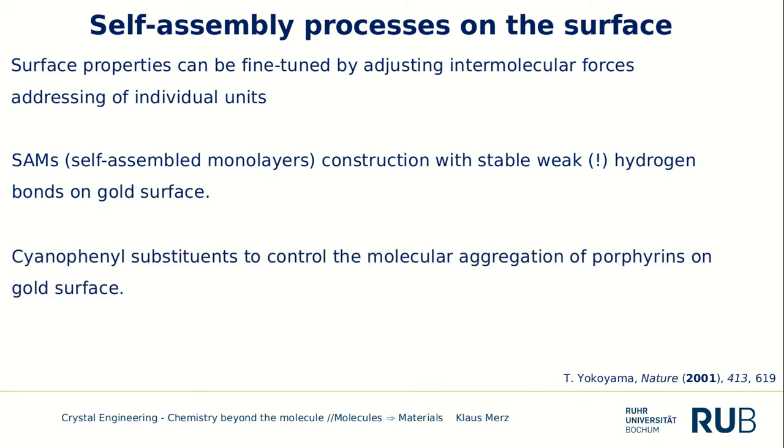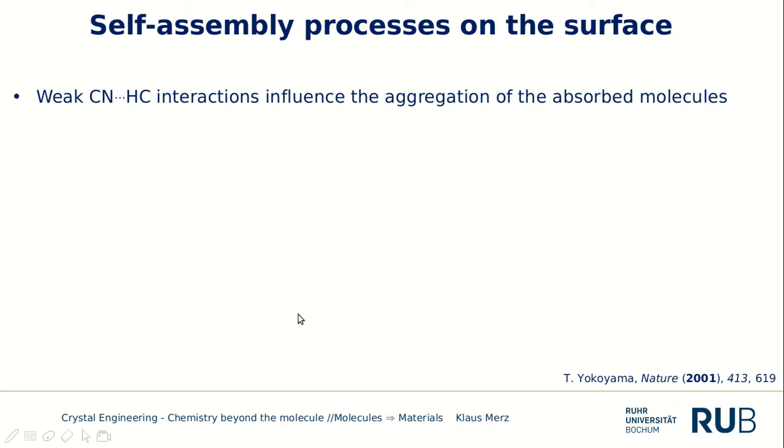In this case, the weak hydrogen bonds are built by cyano-phenyl compounds. I will show you. Okay, and with cyano-phenyl compounds you have only a cyano group, and this is interaction with the phenyl ligand. Well, this is here benzonitrile, for example.